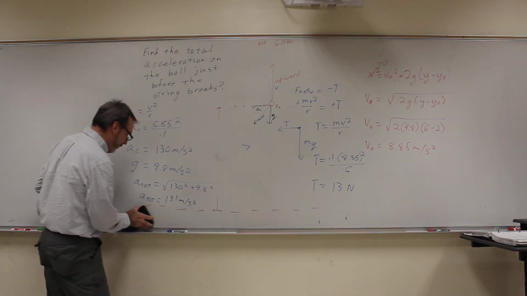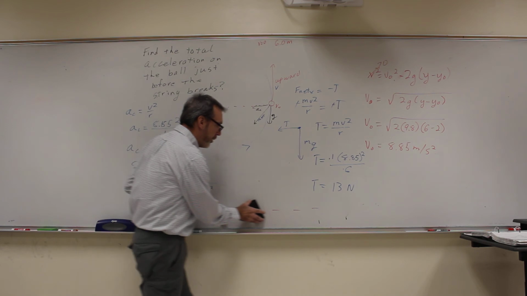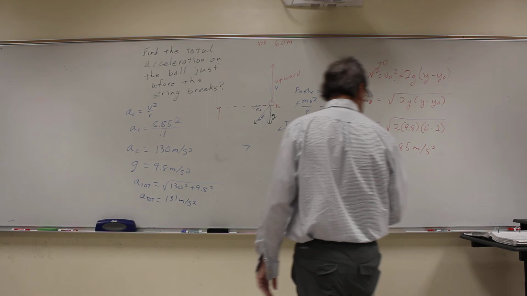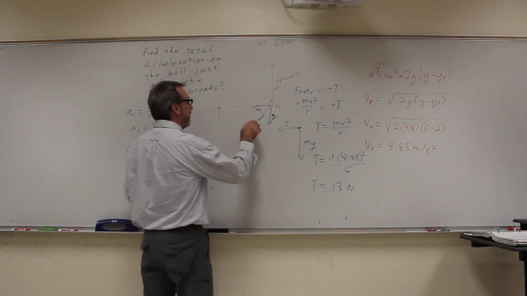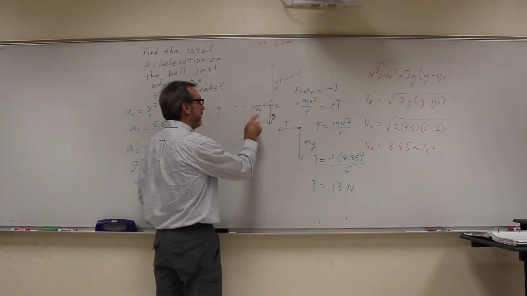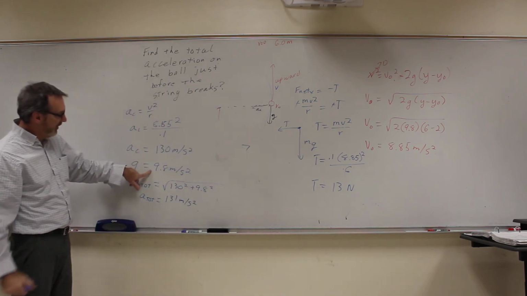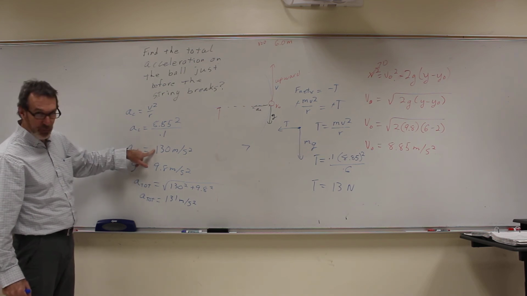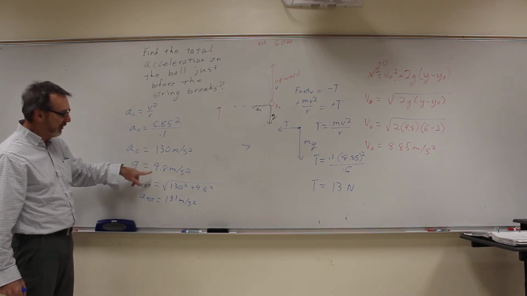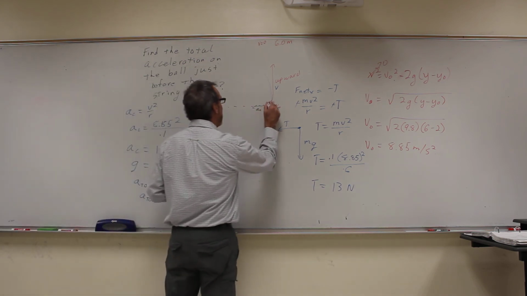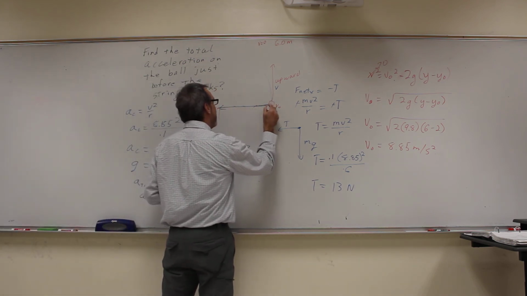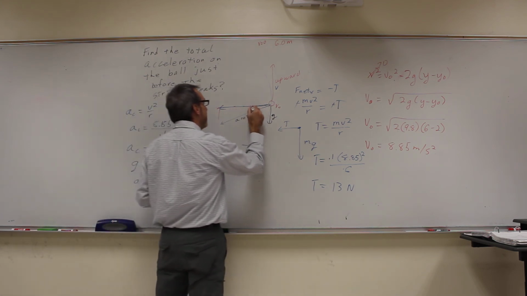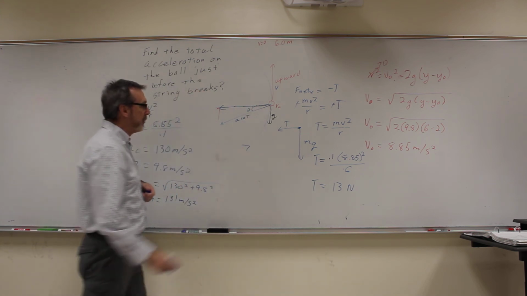And then we also want to know what direction that is. We have the centripetal acceleration going this way, and if I drew this better to scale, notice this is about 14 times that. So the ball is feeling 14 times more acceleration from the string than it is from gravity. So this should be drawn like this, and then our total is going to be this one out here. What I want to find out is this angle right here. Remember, g is just a vector.